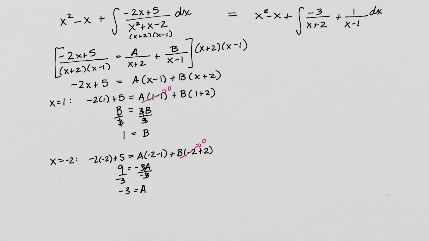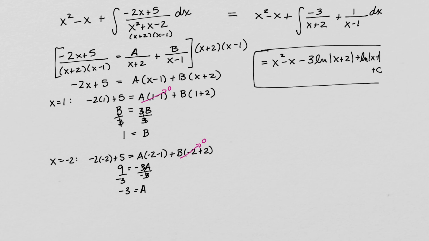And then those are both nice ones to integrate, right? So this becomes x squared minus x minus 3 natural log of x plus 2 plus natural log of x minus 1 plus c. Kind of ran out of room with my plus c there. Questions?